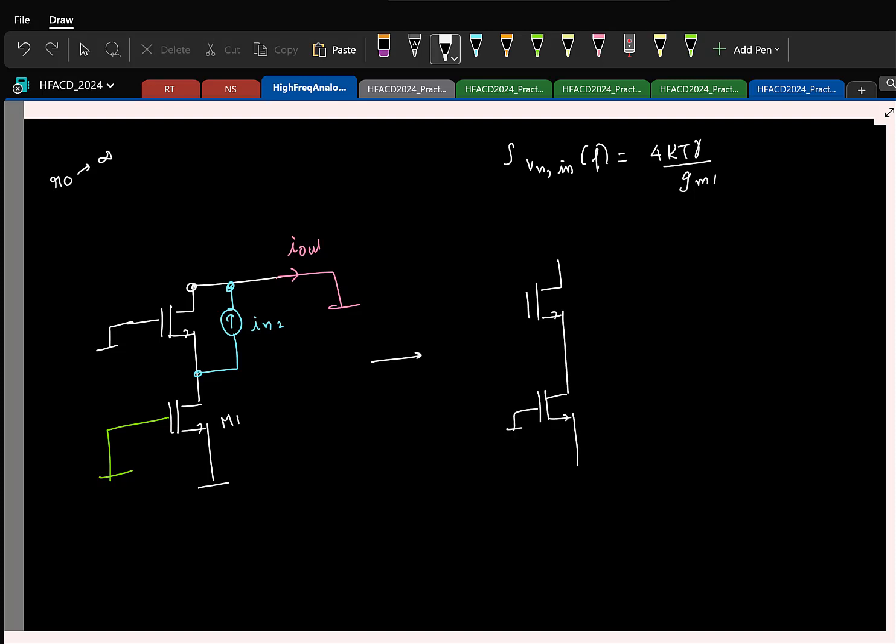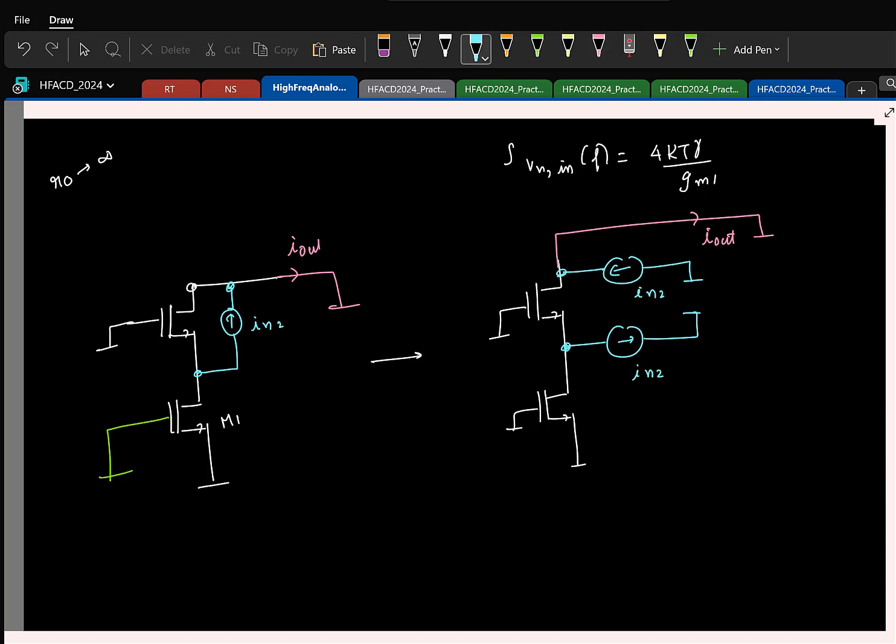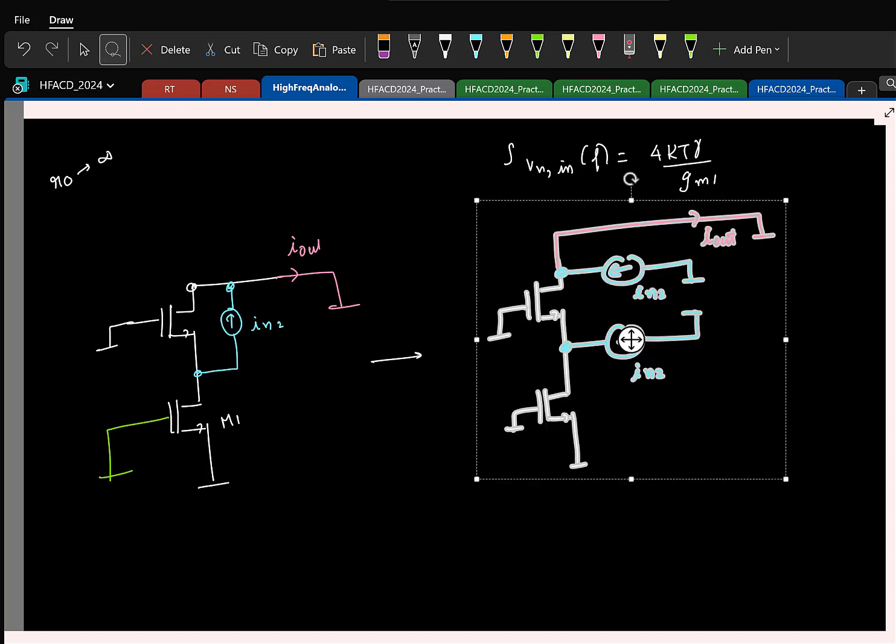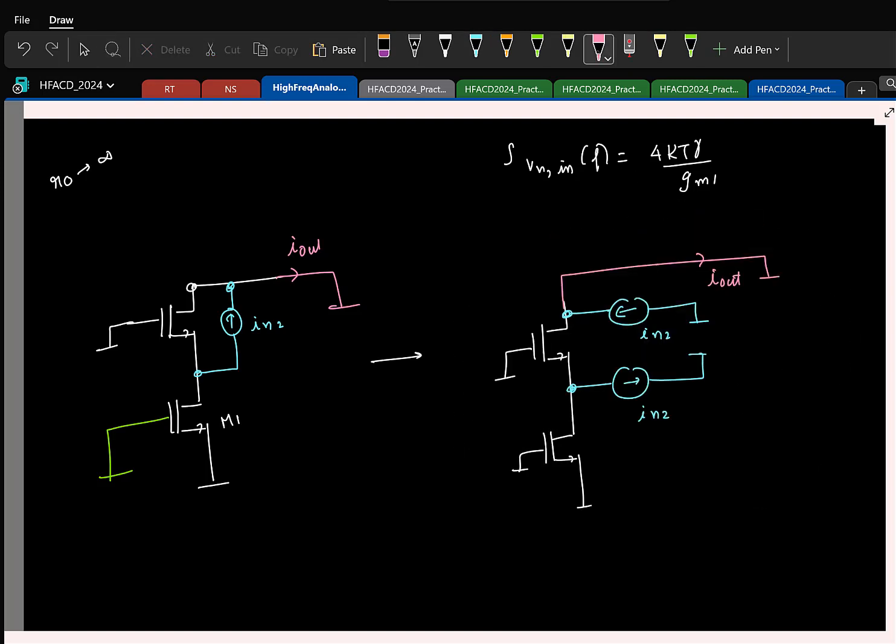So this is incrementally short. Now if you first ignore R0 for all transistors, let's see what happens to I out.